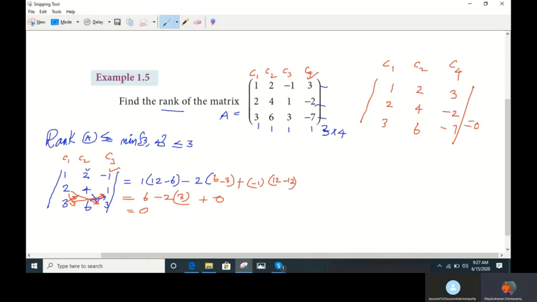So how do you say so, sir, without doing it? See that here C1 and C2 are proportional: 1 2s are 2, 2 2s are 4, 3 2s are 6.